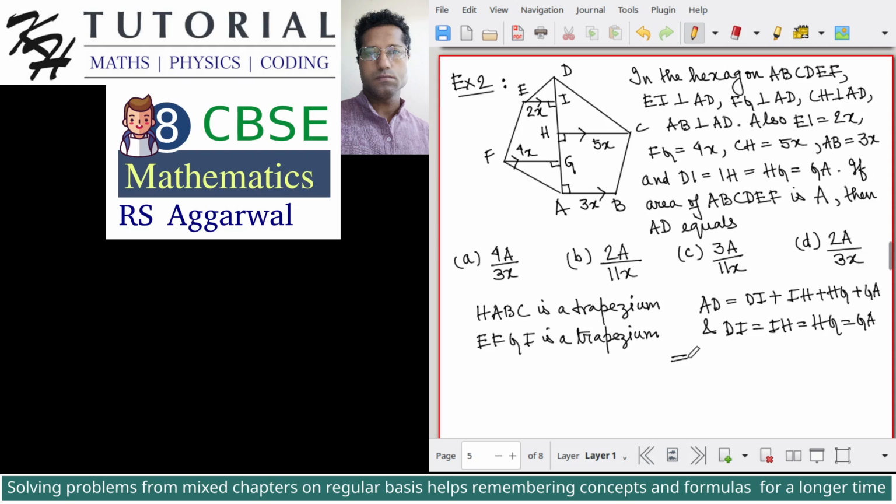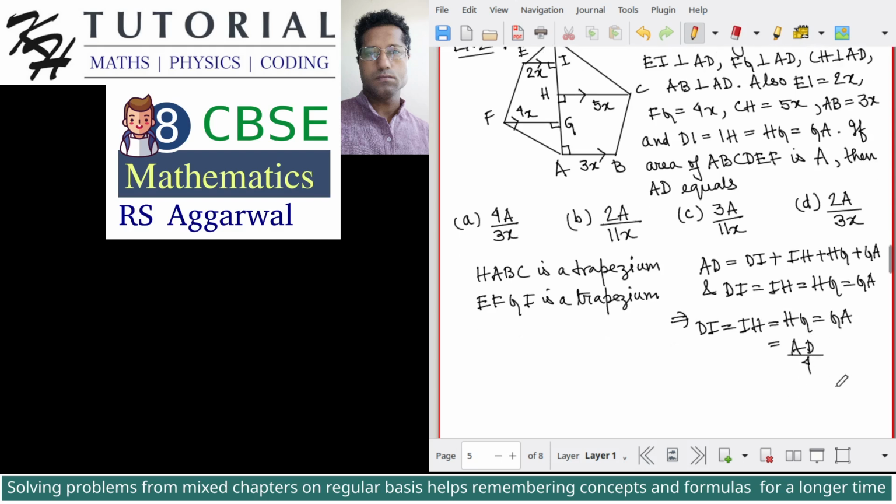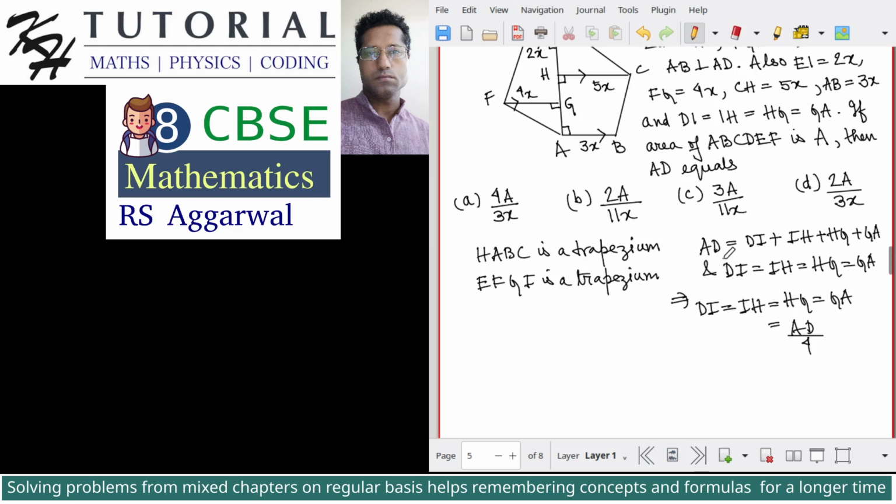So this implies that all these segments, DI, IH, HG and GA, will be equal to 1/4 of AD, that is AD by 4.